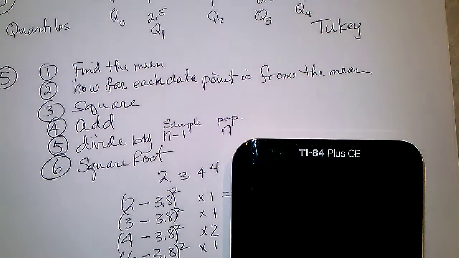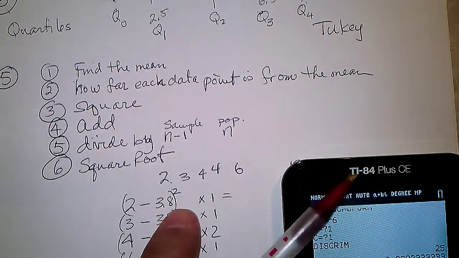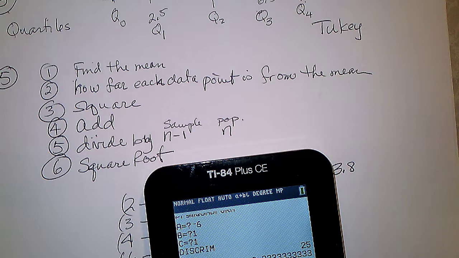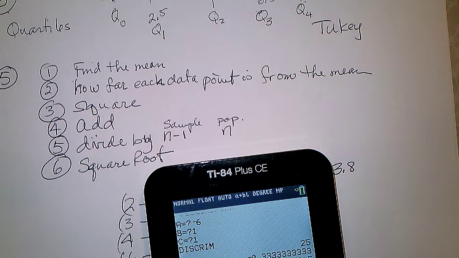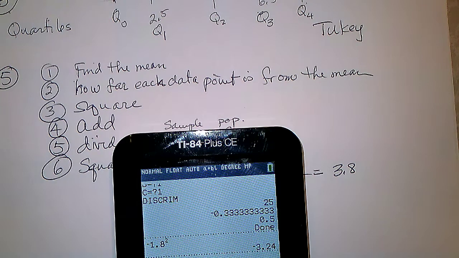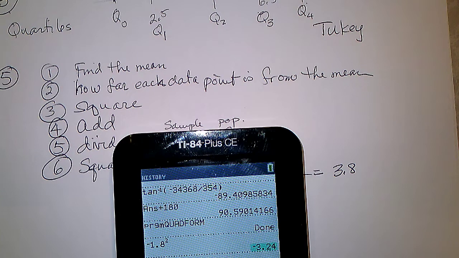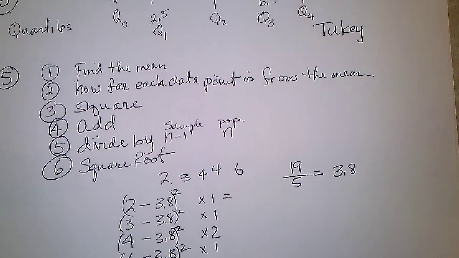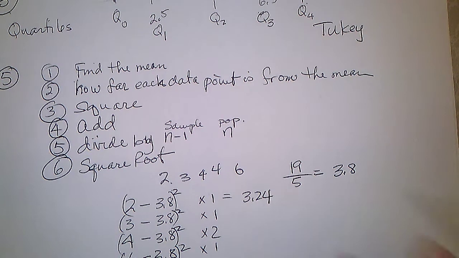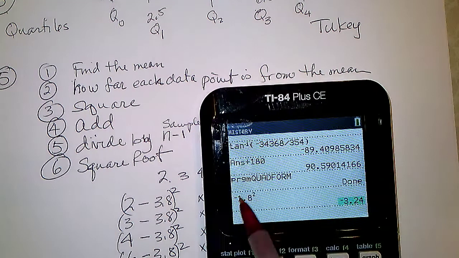So 2 minus 3.8 is minus 1.8. Squared is positive 3.24, because the negative times the negative is positive. I should have put the parentheses around that.